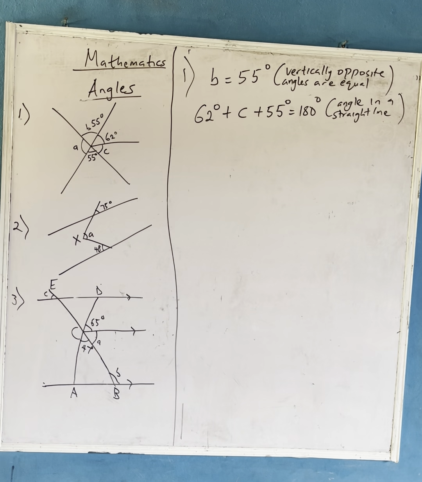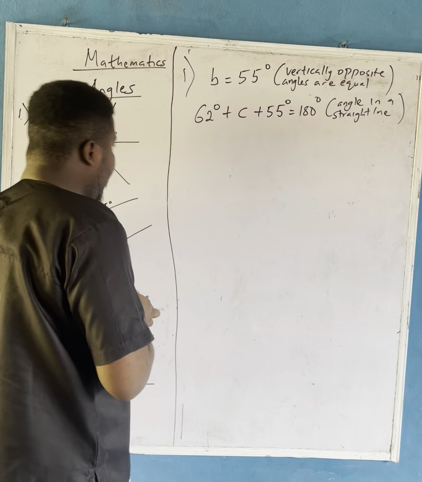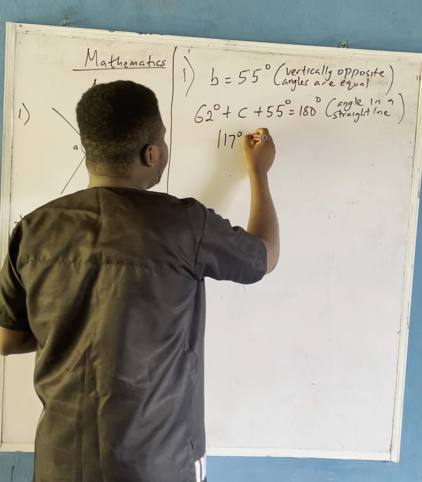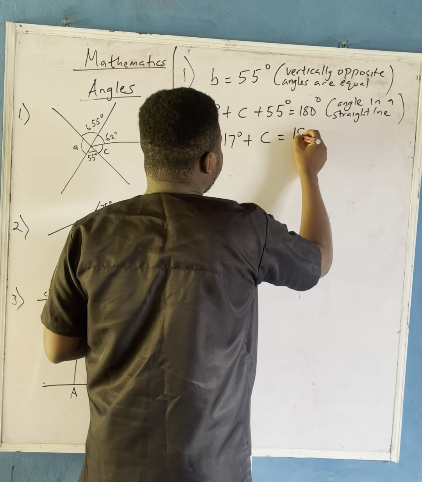So let us quickly now use our calculator to quickly solve this. So 62 plus 55 will give us 117. So 117 degree plus C will give us 180.